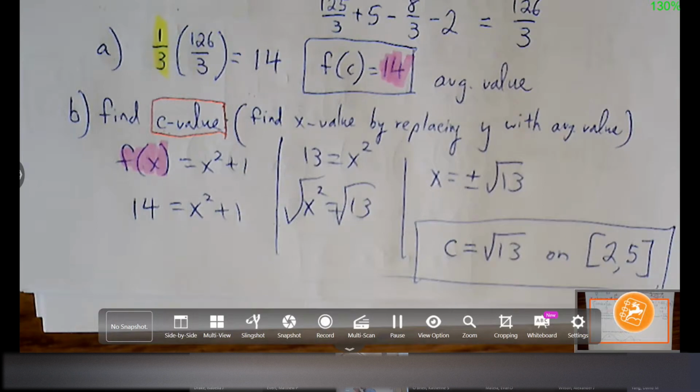That's the only guaranteed location on the graph where we know it's going to cross over that height of 14. Okay, any questions? I'll give you guys a minute to copy that down.